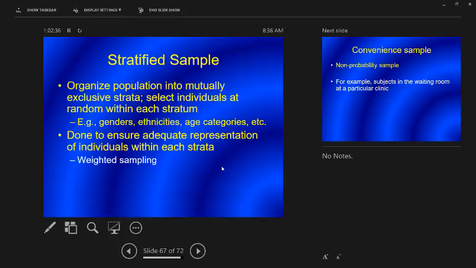The reason this is done is that if you want to make inference within, say, some minority ethnic group, you want to make sure that you have an adequate sample size to be able to make inference within those small ethnic minorities. So you might want to oversample those groups and then use weighted sampling. That's stratified sampling, where you have different random samples obtained within different groups or strata.